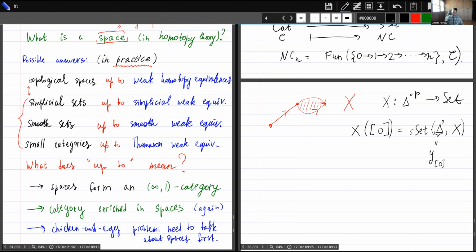And delta 0 looks like a vertex, so here we are going to see 0, 1, and 2 as vertices.